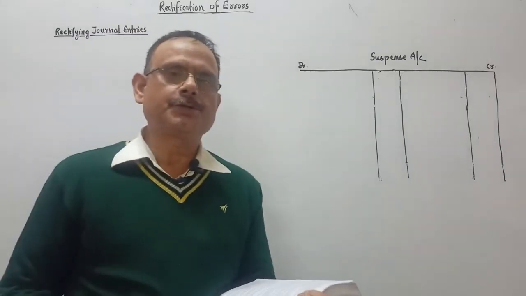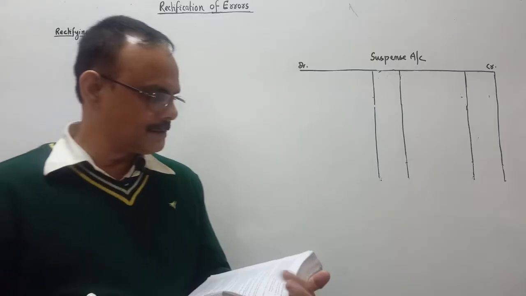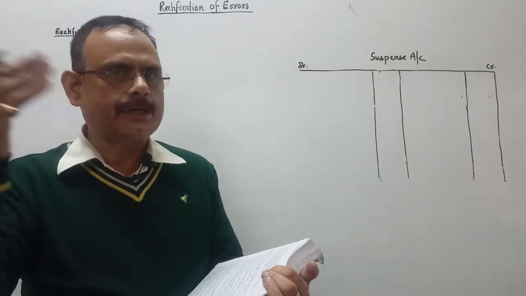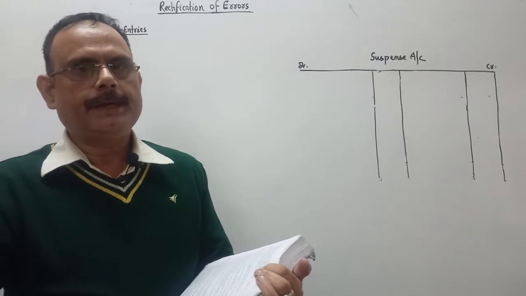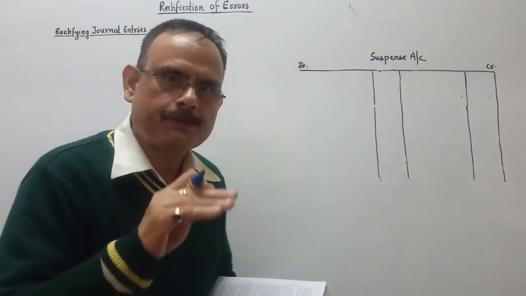Now coming to the next question on rectification of errors. A trial balance showed excess credit, meaning the credit side of the trial balance is more. If the credit side of the trial balance is more, the suspense account is opened on which side?